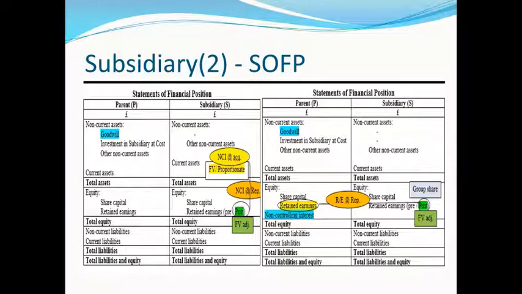And finally, we work out another adjustment, which is related to the group retained earnings. The group retained earnings is the retained earnings of the parent company, and this is adjusted by the retained earnings after acquisition, which is the post-acquisition retained earnings. We focus mainly on the group share of post-acquisition retained earnings.